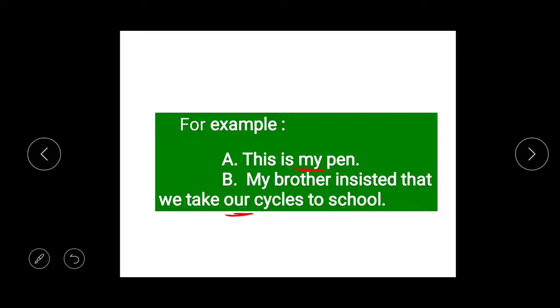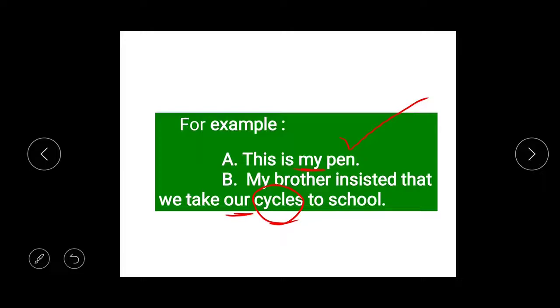In the first example, the word my is telling that the pen belongs to a particular person, and in the second example, the word our is denoting the cycles.